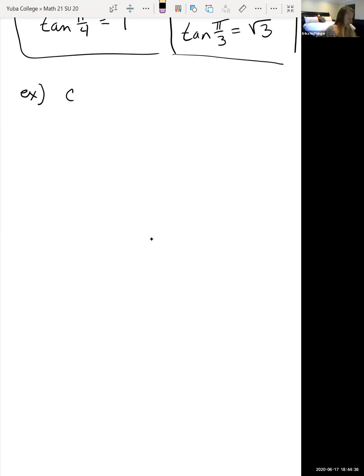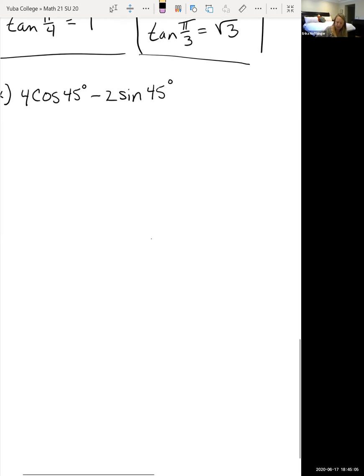So if we had 4 times cosine of 45 degrees minus 2 sine of 45 degrees. We're evaluating this expression, so we need to use order of operations. We're looking at cosine of 45 degrees.